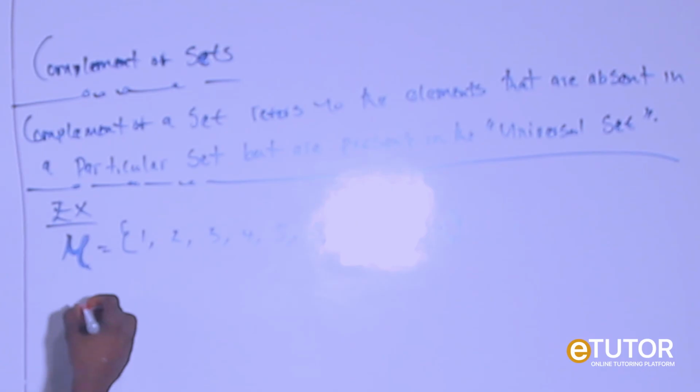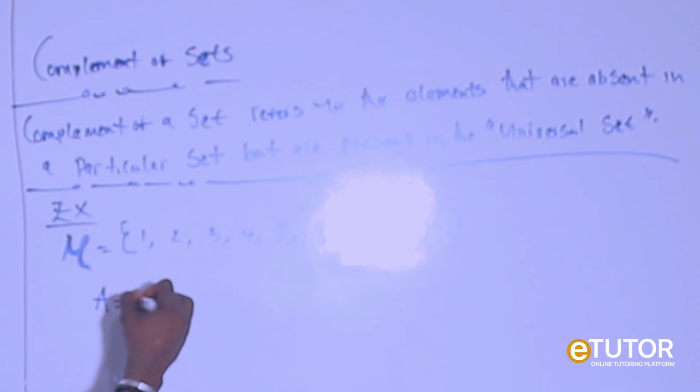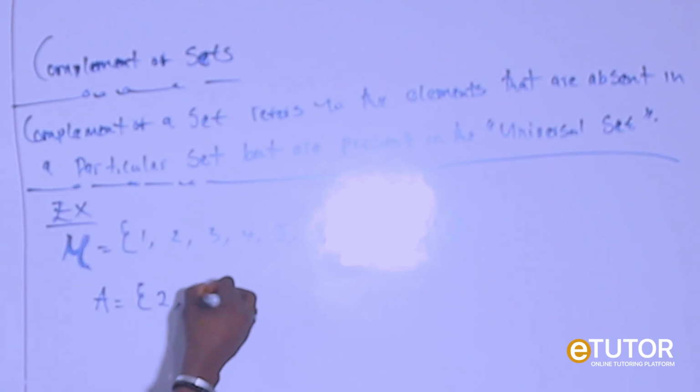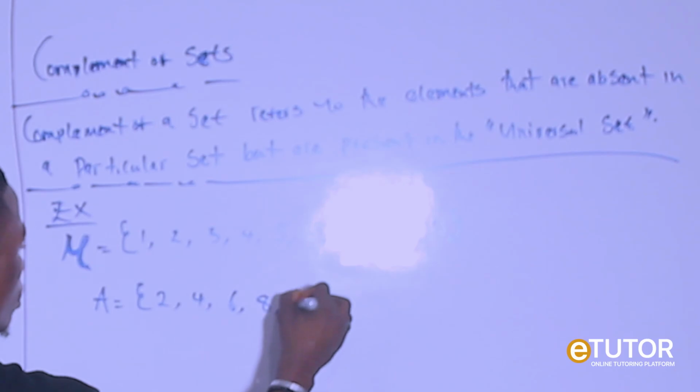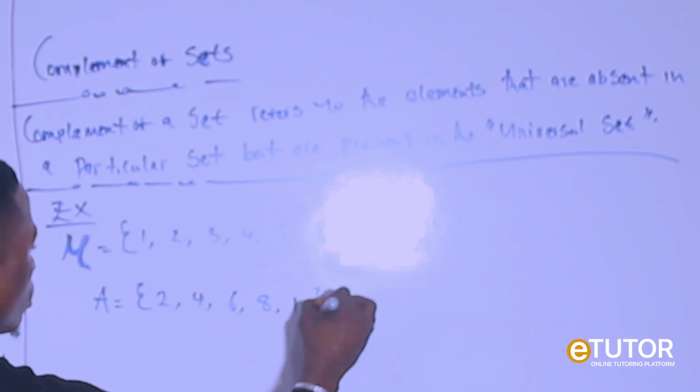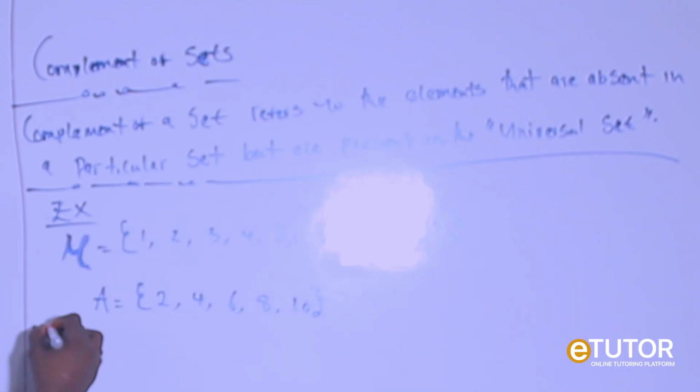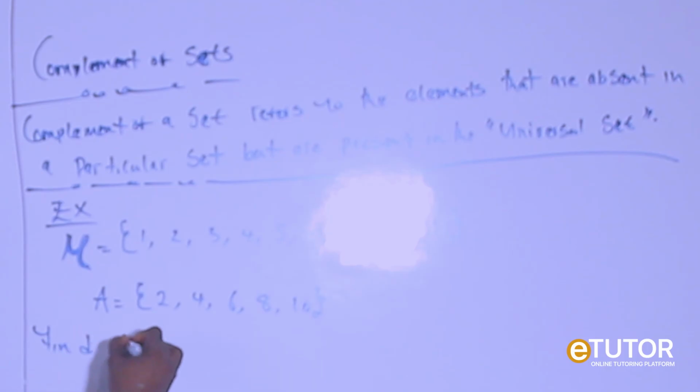So let's say we have a set A to be equal to 2, 4, 6, 8, 10. And you're asked to find A complement or A prime.